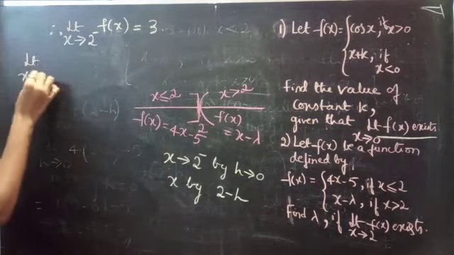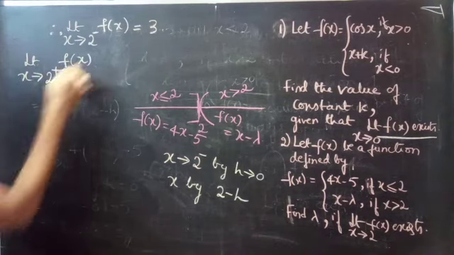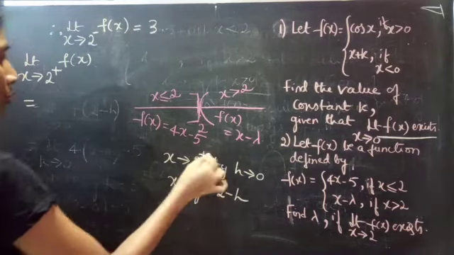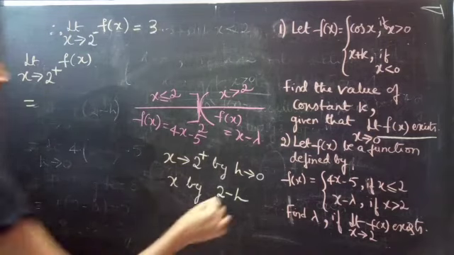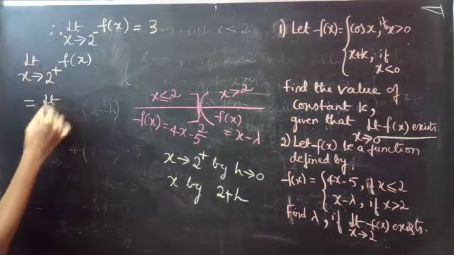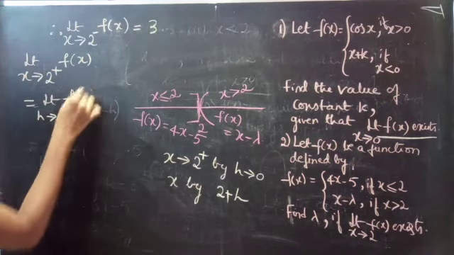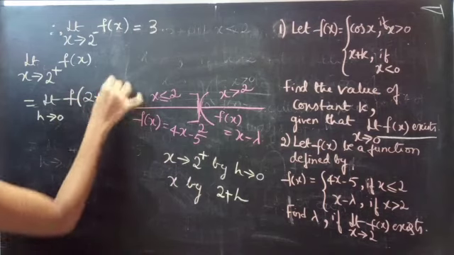Now we'll find the value of the right hand limit. Limit x tends to 2 plus f of x. Now replace x tends to 2 plus by h tends to 0 and x by 2 plus h. Limit h tends to 0, f of, now replace x with 2 plus h.